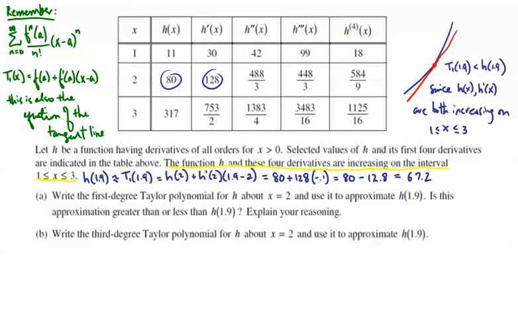And that's good enough. We'll know that it will be an under approximation, and we've explained our reasoning. We'll go on to the second part in the next video, part B.